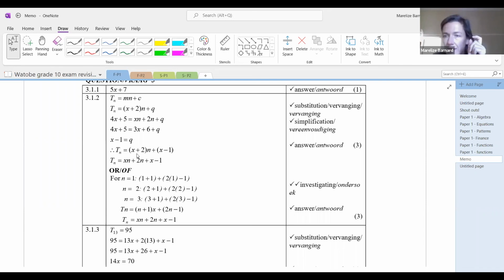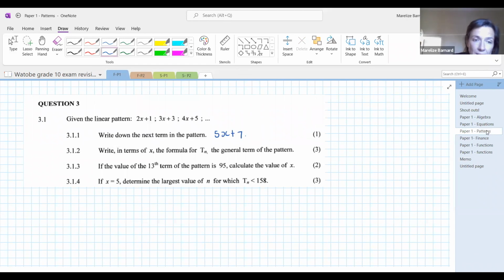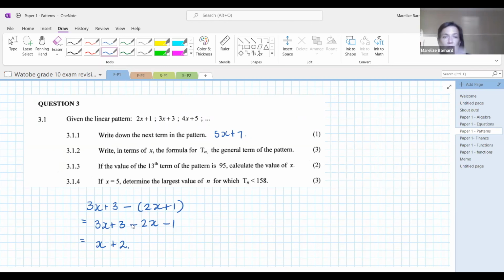You can do that by going 3x plus 3 minus 2x plus 1, and that gives me 3x plus 3 minus 2x minus 1, and that gives me x plus 2. So each time you're actually adding x plus 2.